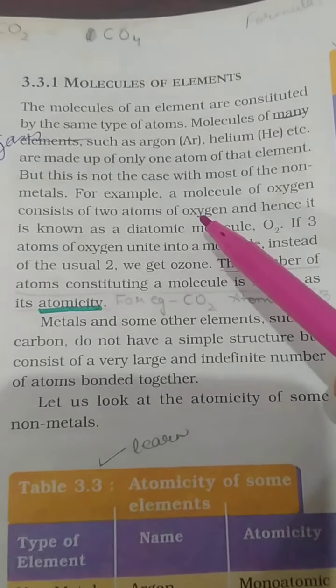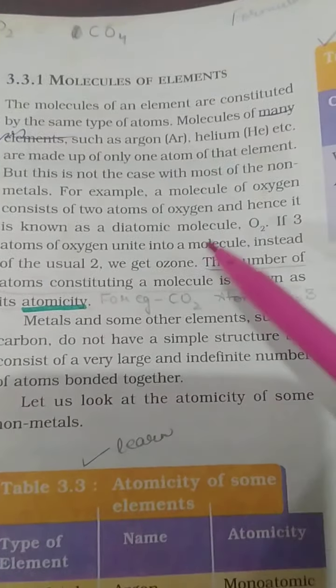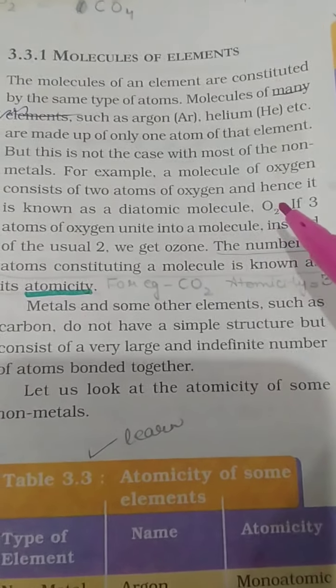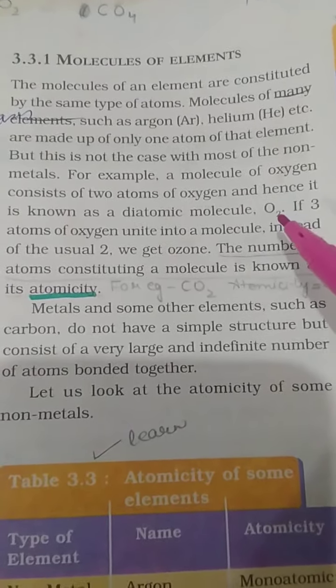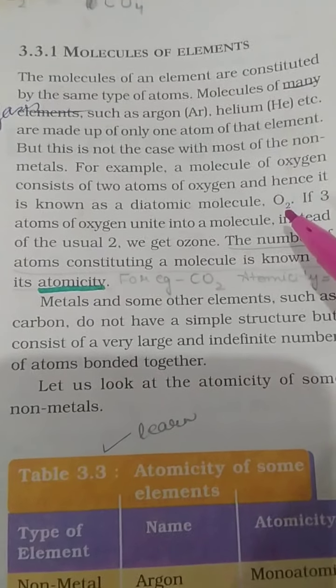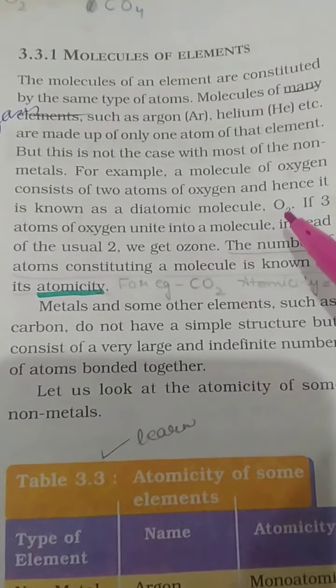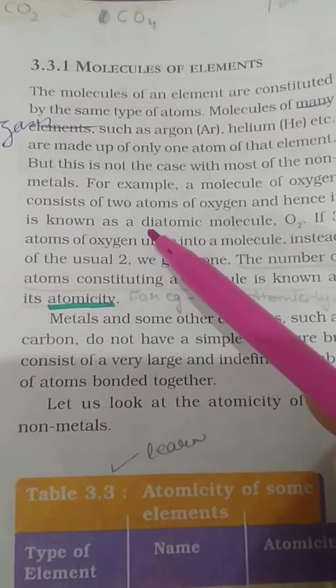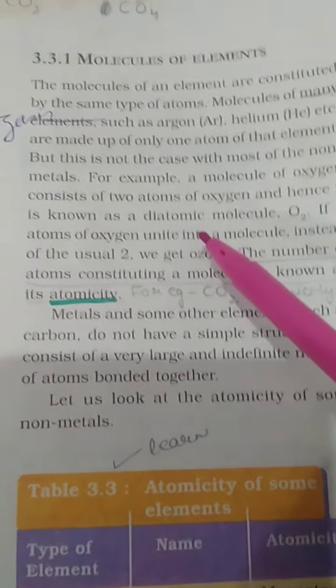Oxygen never exists as O. You can never write O in a reaction. It will always be O2 because it never exists independently. So 2 atoms are there. It is diatomic. Di means 2.